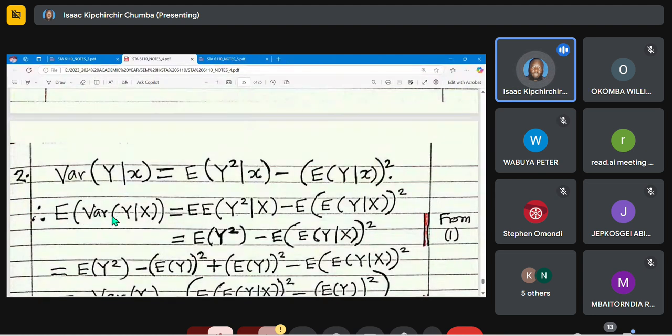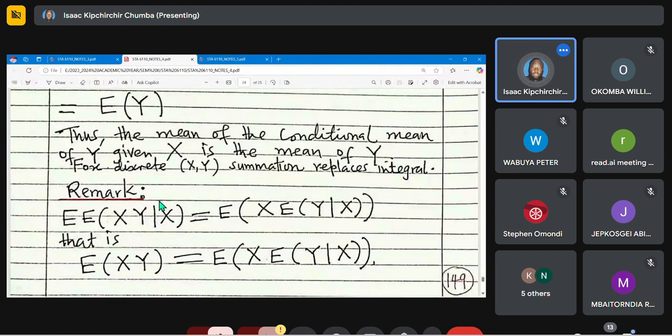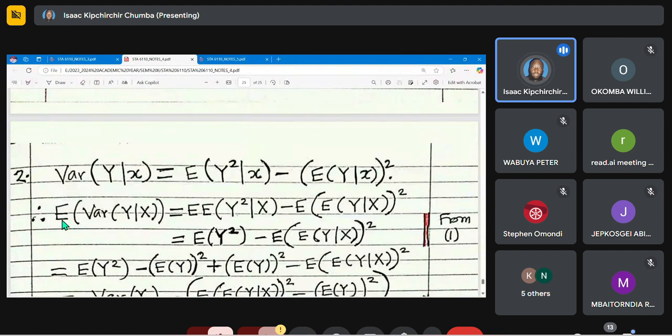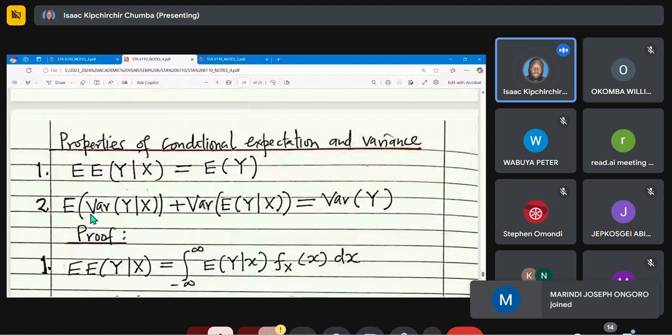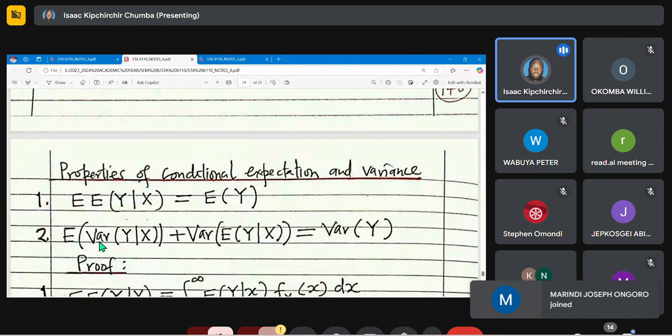So I'll write this using whatever I have there. And now I want to take expectations so that I see what I will get. Because if you see here, I'm doing expectation of Var of Y given X. And you can see in 2, it's actually that one. So what is that?